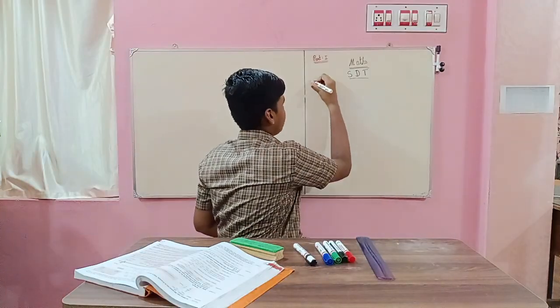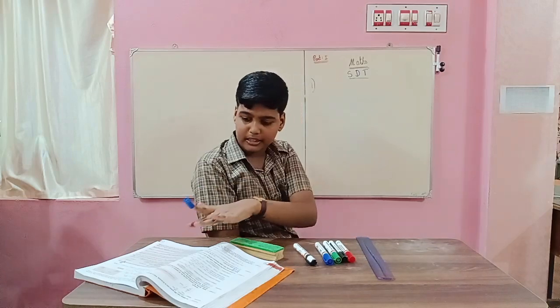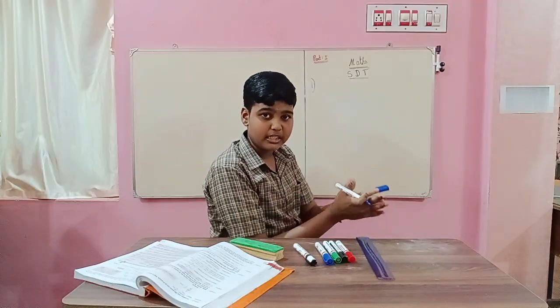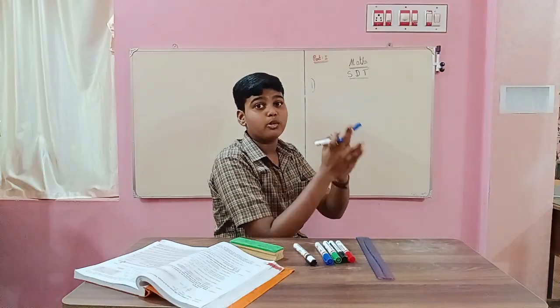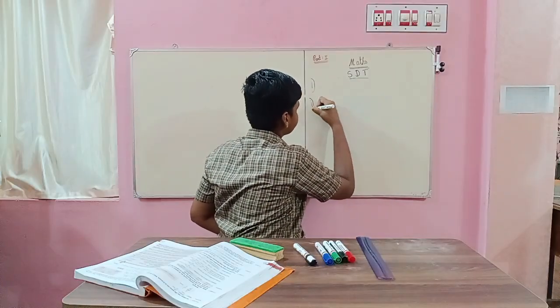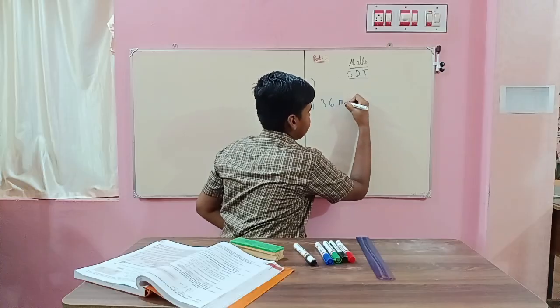So let's solve 2 sums regarding the change of speed from ms minus 1 to km h minus 1 and from km h minus 1 to ms minus 1. The first one is 36 ms minus 1.